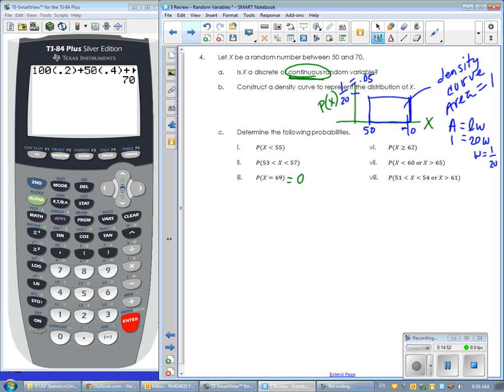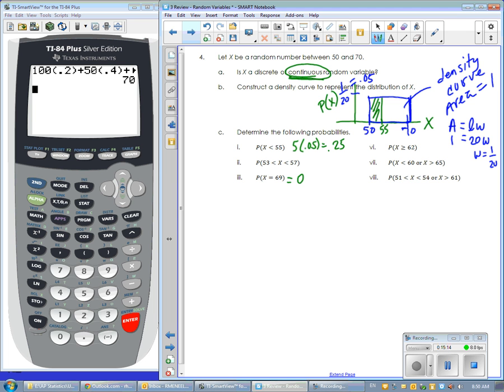So if I'm trying to find the probability that x is less than 55, I'm basically just trying to find the area of that rectangle, which is going to be 5 times 0.05, or 25%. In the second one, we're looking for the probability that x is between 53 and 57.